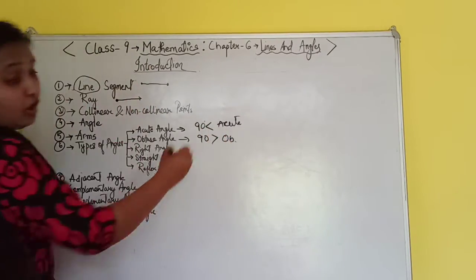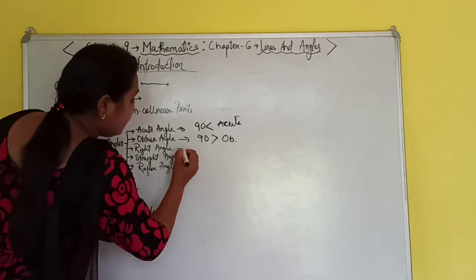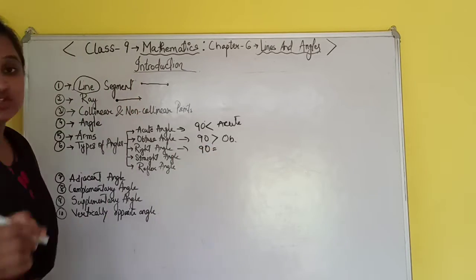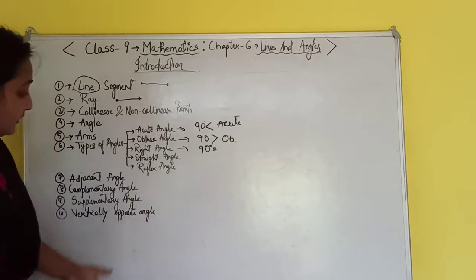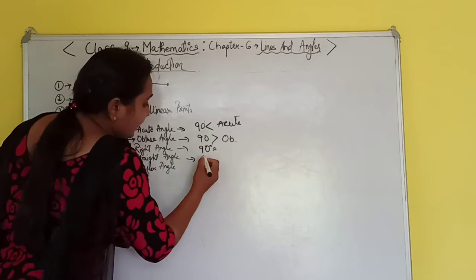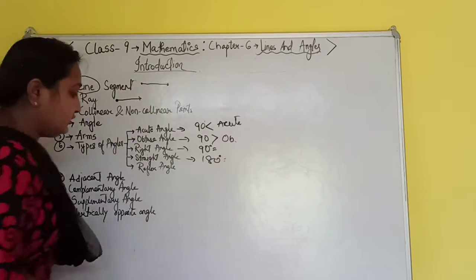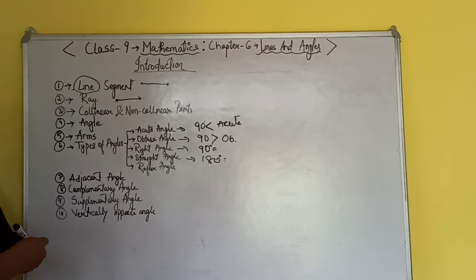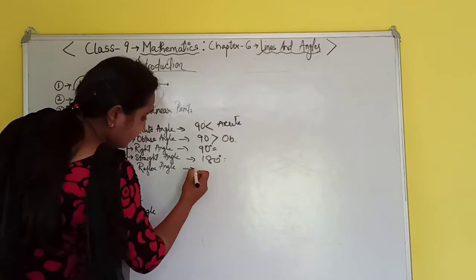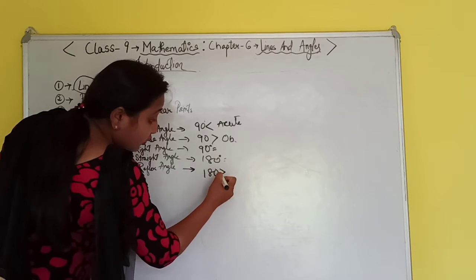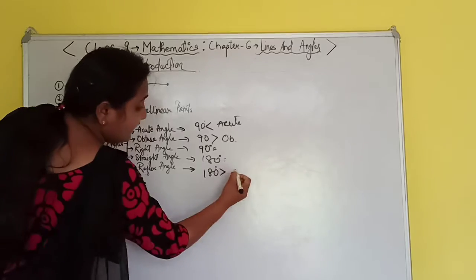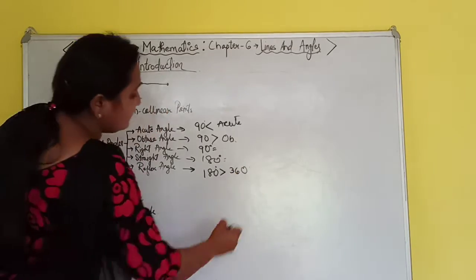A right angle is equal to 90 degree. A straight angle is equal to 180 degree. A reflex angle will be more than 180 degree but less than 360 degree.